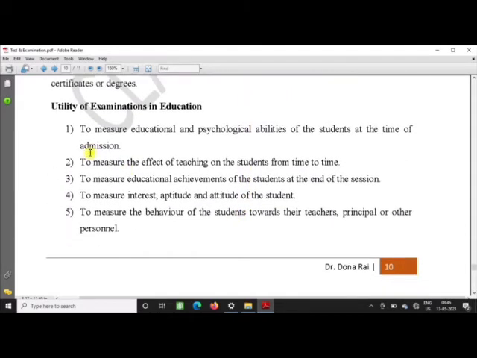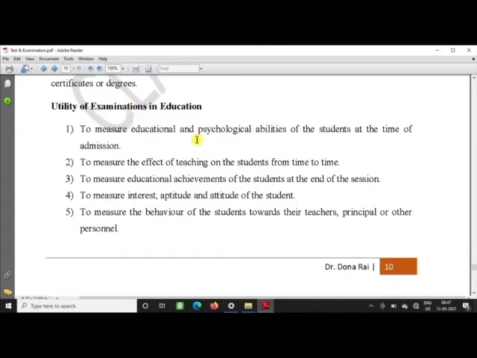Okay, utility of examination. So it will measure educational and psychological abilities at the time of admission. That means we have different kinds of tests, examinations like entrance tests, in different professional colleges or institutions.